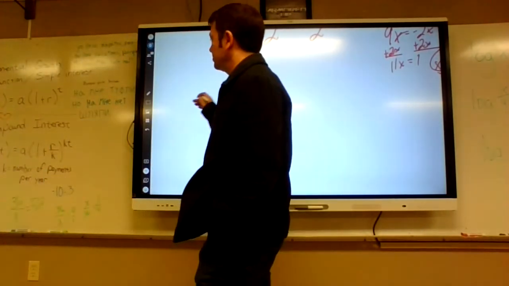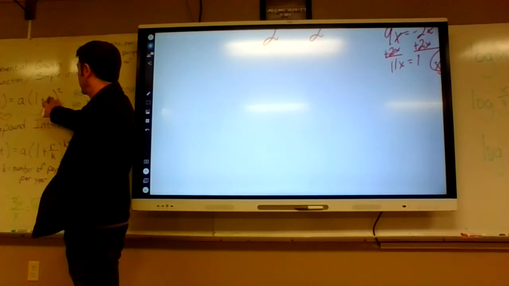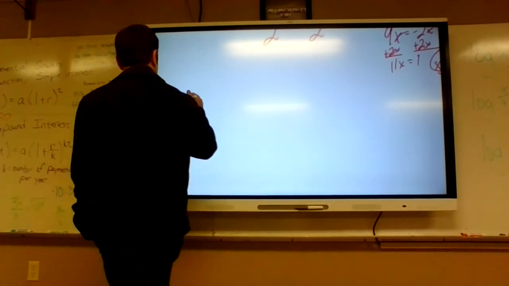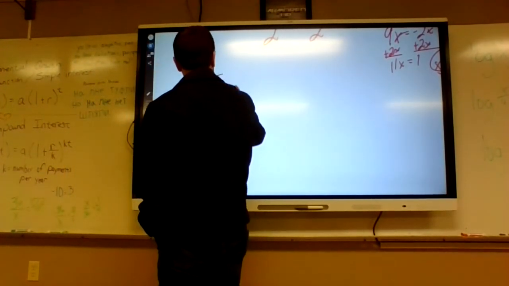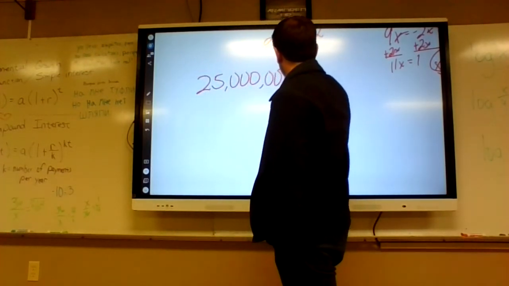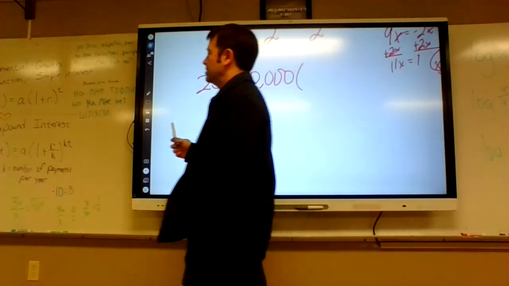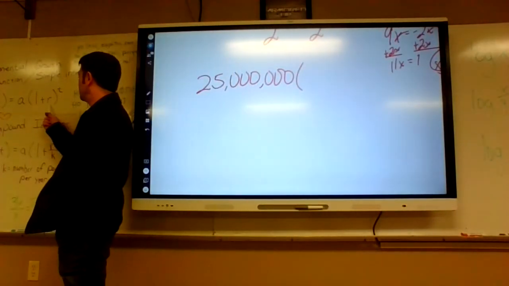So A is the initial amount, and this is the rate of growth. We start with 25 million times what? What was the rate of growth? 4.1%.